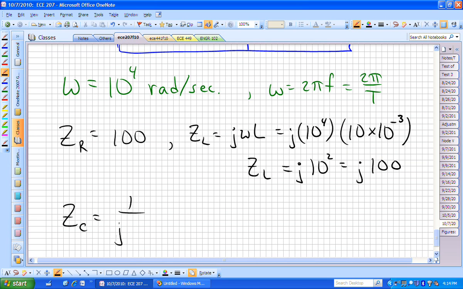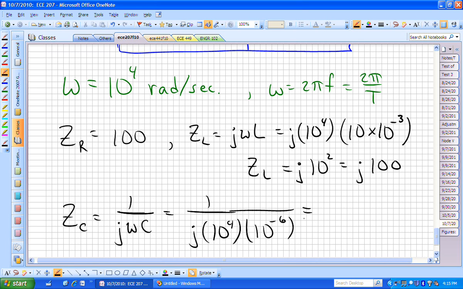What about Z sub C? That's 1 over J omega C. C was 1 microfarad, which is 1 times 10 to the minus 6. I'm going to pull the J upstairs.